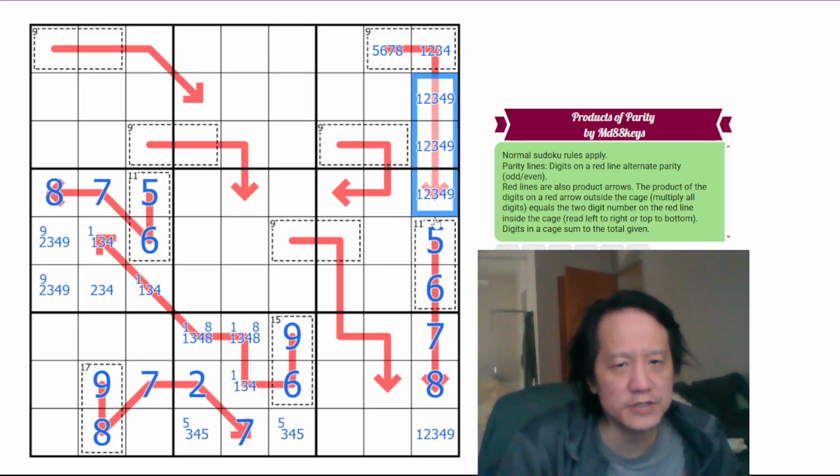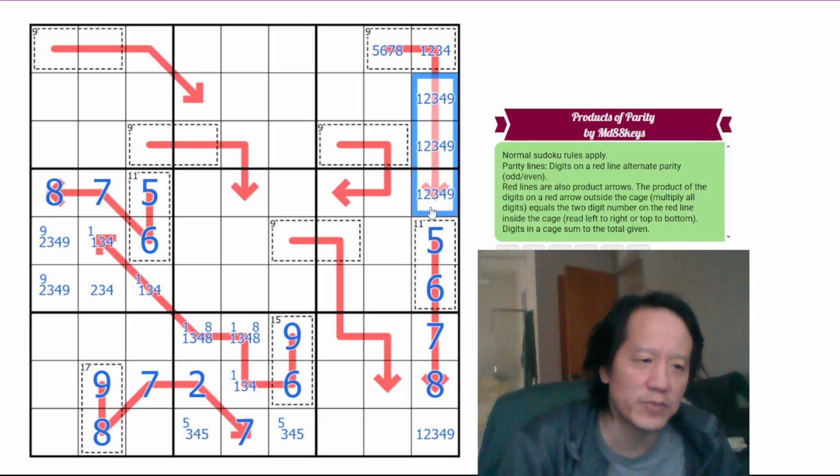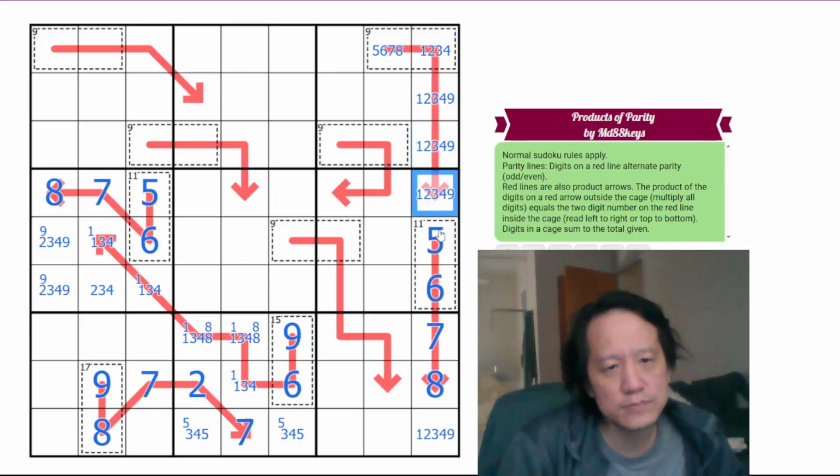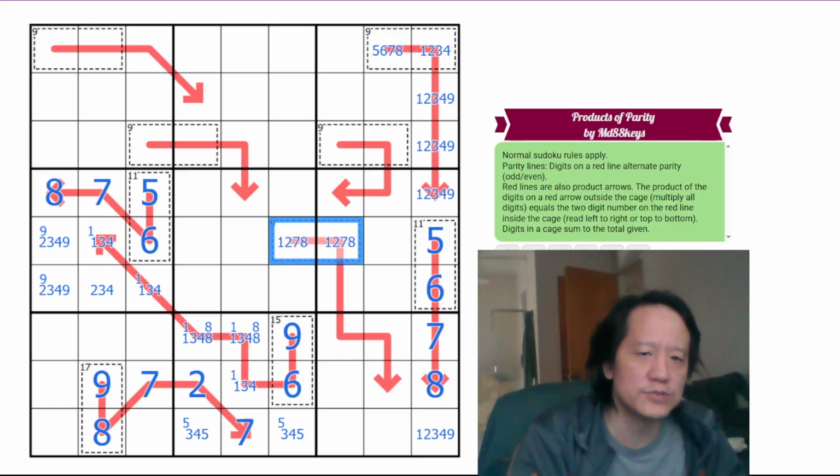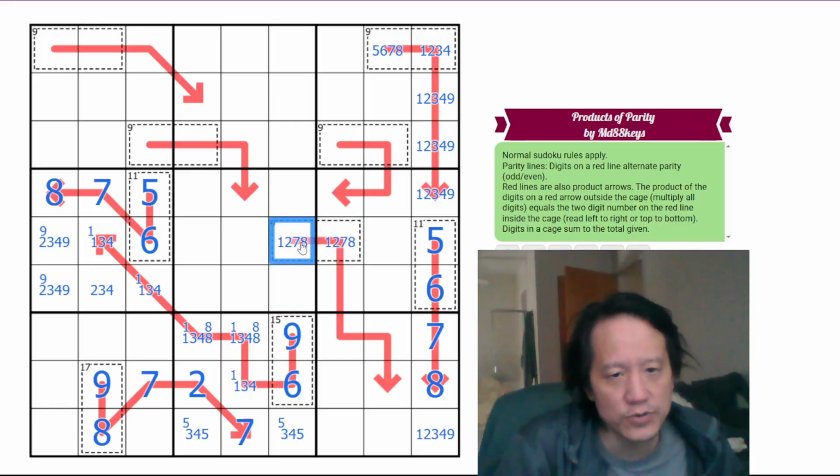I think you're guaranteed to have a 1 here. If you have, no, you could have 239. Okay, so never mind. These two digits cannot be 5 and 4 or 3 and 6 adding up. So this is 1, 8, or 2, 7 in some order.